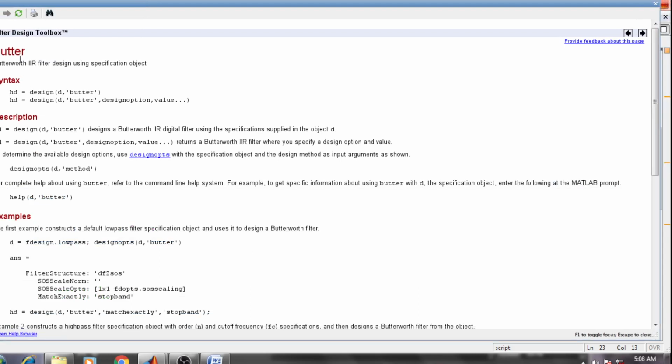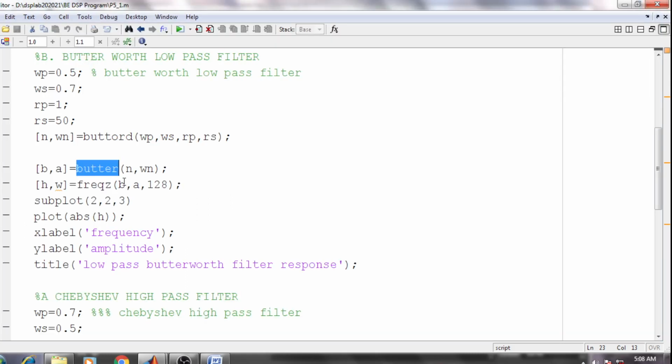Here the purpose is to obtain the Butterworth IIR filter design. It requires some parameters. These two parameters, n and wn, are passed to this function, and from this it will give the B and A coefficients.